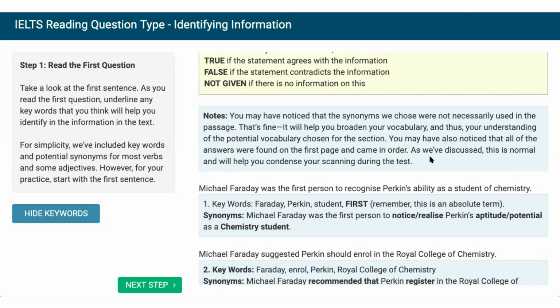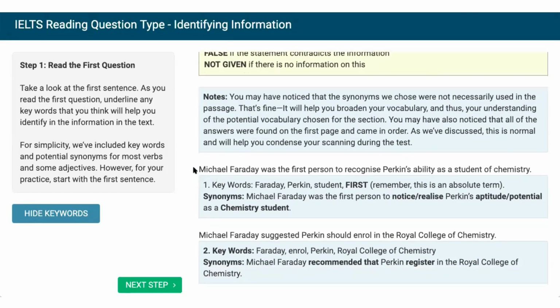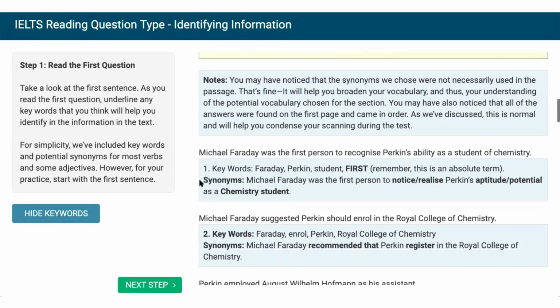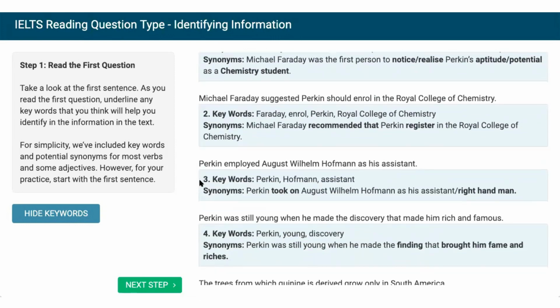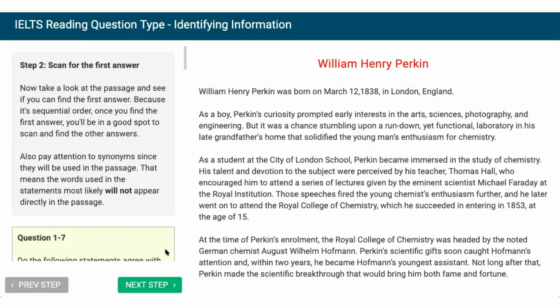And that's fine because this preparation work that you're doing and these examples that we're going through not only give you helpful tips and tricks, but they also enlighten your vocabulary and teach you new words. And all in all, these skills are helping you prepare for the exam. So just keep that in mind. The synonyms are an optional step, but it can never hurt you. All right, let's go to our next step, step 2, which is scanning for the answer.